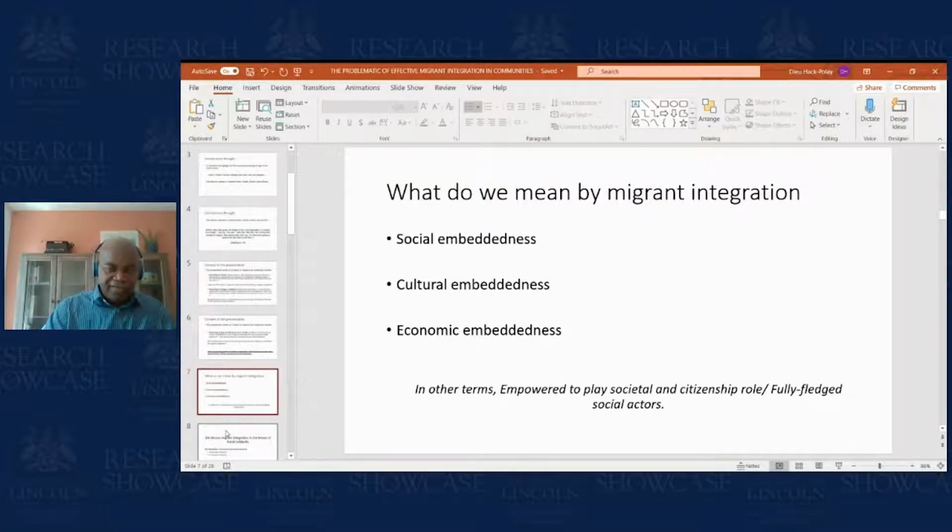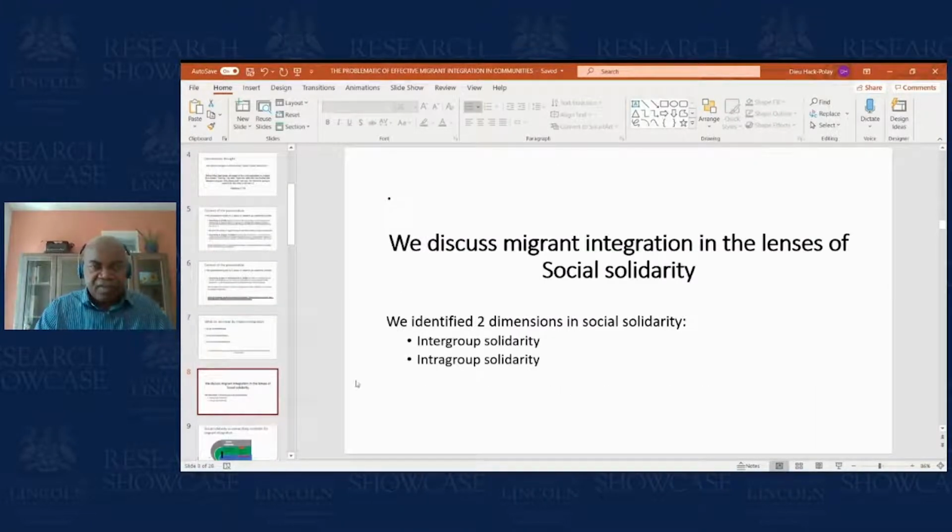So, three conditions. We'll look at those three conditions as we look at our core concept of social solidarity, which is our main framework here. In this particular bit, we discuss migrant integration through the lens of social solidarity.